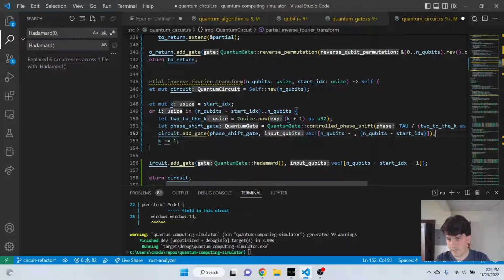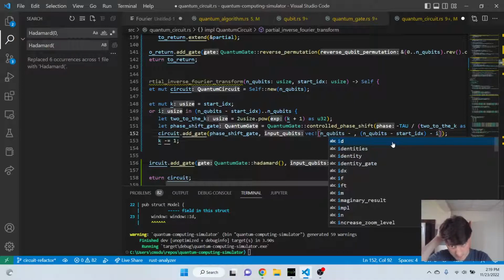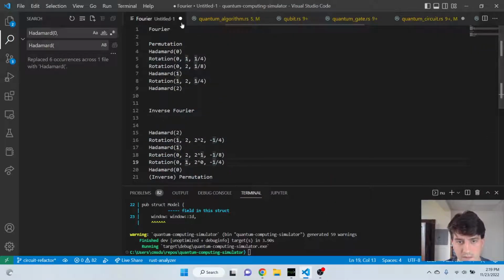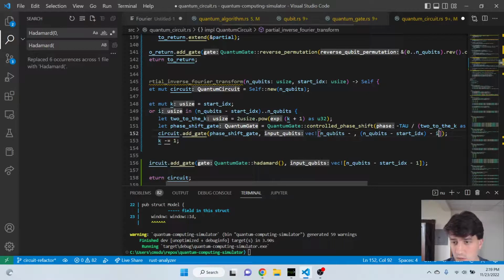So this is going to have a minus I. That's something we definitely know. And then this is the innermost loop. It needs to start, so this is going to be when start IDX is 2. So it needs to just start at start IDX. No, it just needs to start at n qubits minus 1, no matter what.